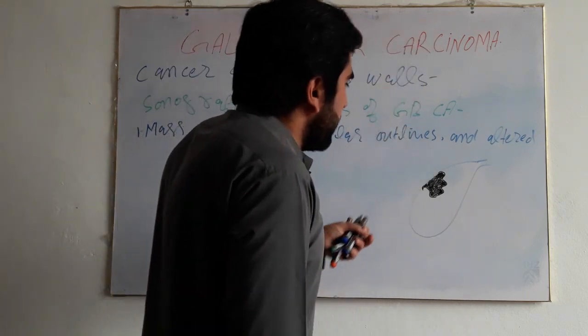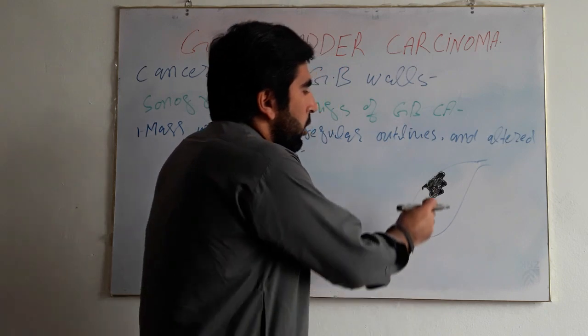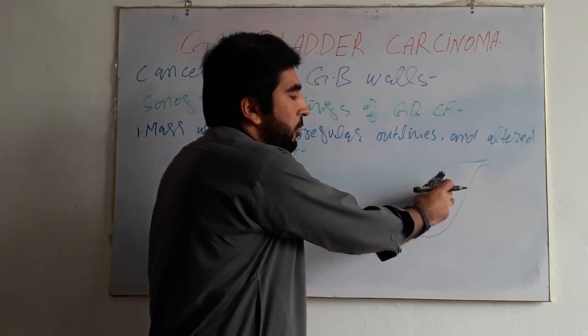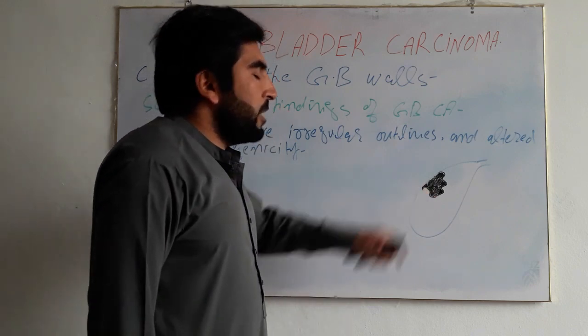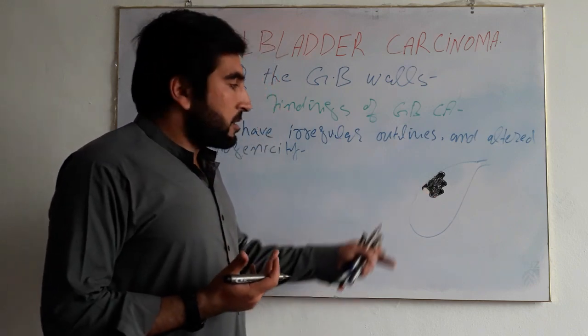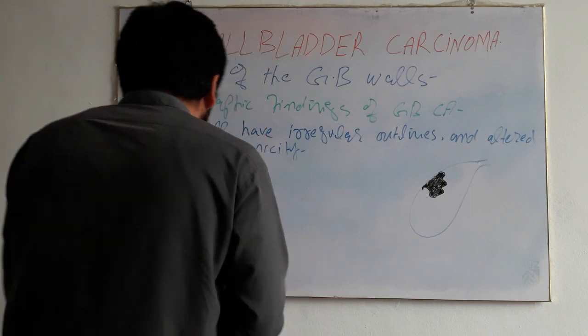So in sonographic findings, the mass of the carcinoma will have irregular or rough outlines or borders with altered echogenicity. It means it may appear sometimes hypoechoic and sometimes hyperechogenic.